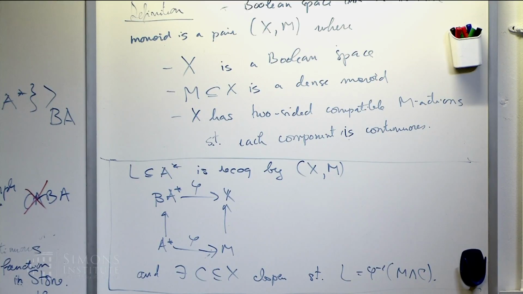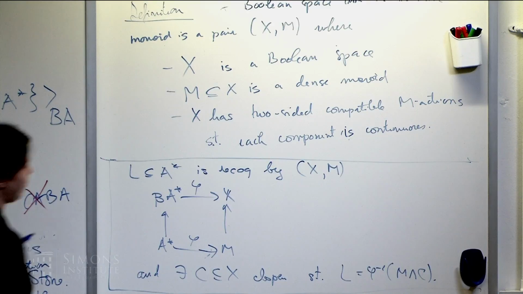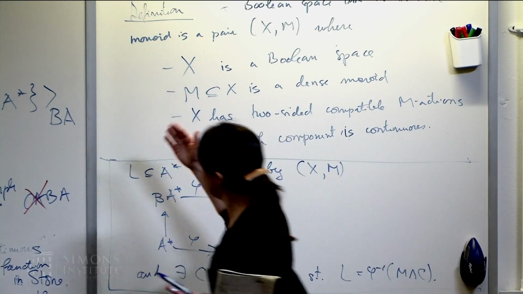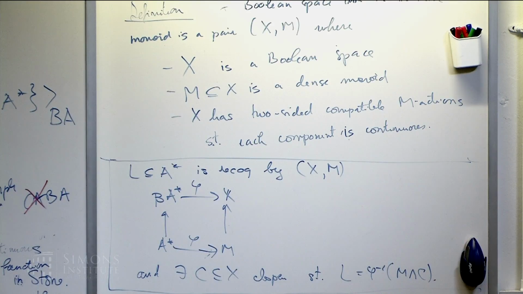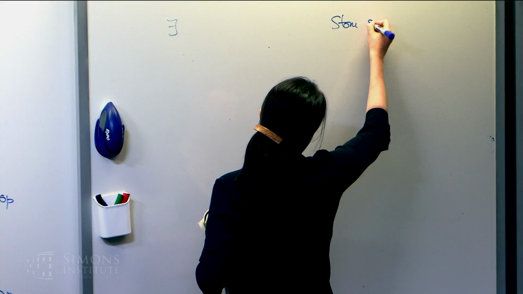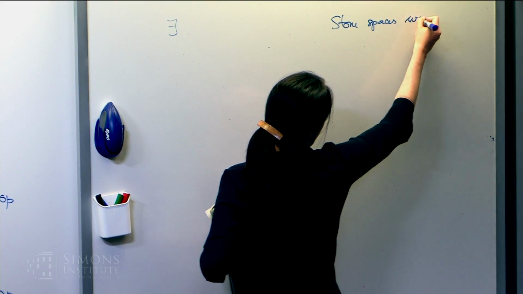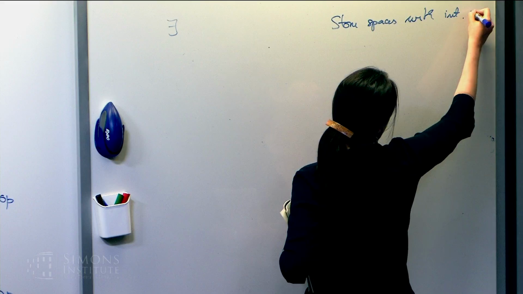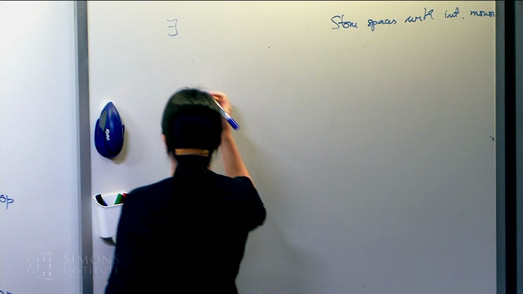So now it's time to go maybe very quickly to the second point, namely how do we deal with existential quantifiers, so how do we translate the existential quantifier into an operation on this category of Stone or Boolean spaces with internal monoids? So the question is the following.